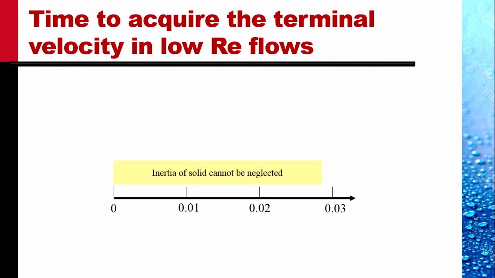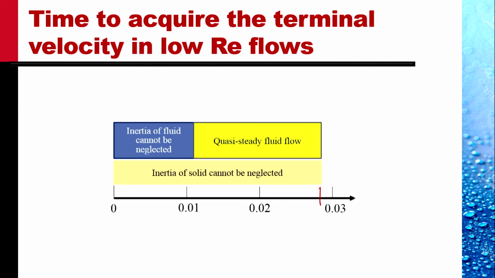So for times less than 0.028 seconds, the inertia of the solid cannot be neglected, and we can neglect it only after this time. In this region, up to 0.011 second, the inertia of the fluid cannot be neglected.